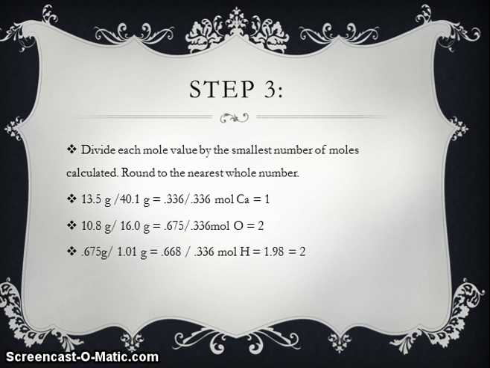Since step 3 is divide each mole value by the smallest number, 0.336 is the smallest number. So you divide all of them by 0.336. So for calcium it equals 1, for oxygen it equals 2, and for hydrogen it equals 1.98, which is basically 2.